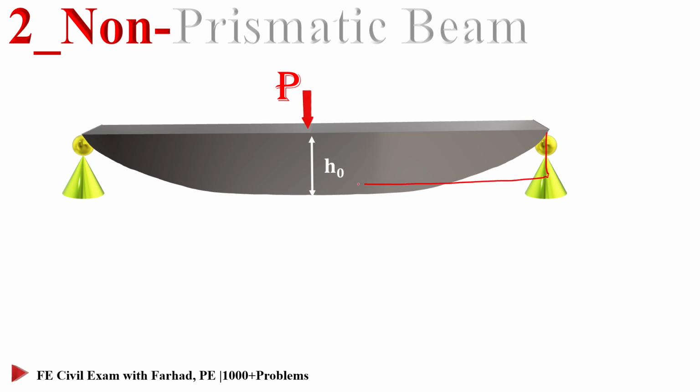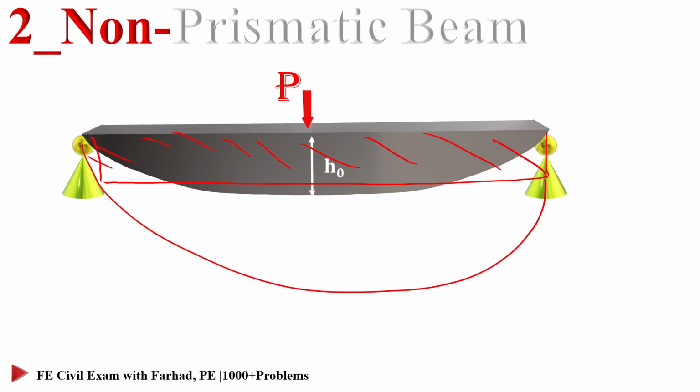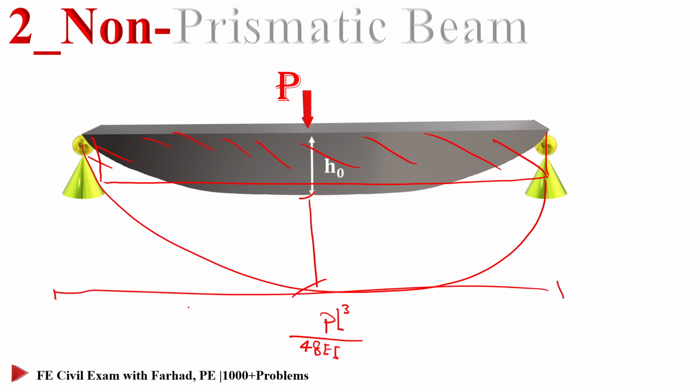For such a beam it is easy to calculate delta maximum due to a concentrated load. If you remember that, or look at the references, that's PL cubed over 48 EI, considering the length of the beam is L.